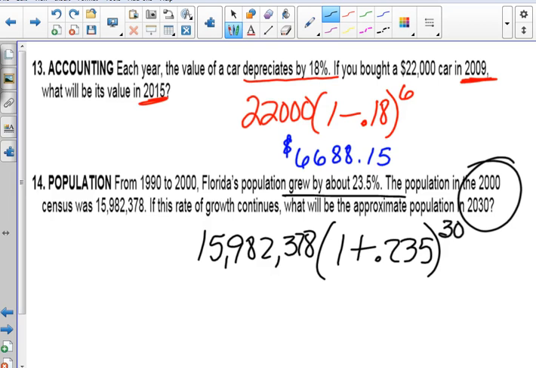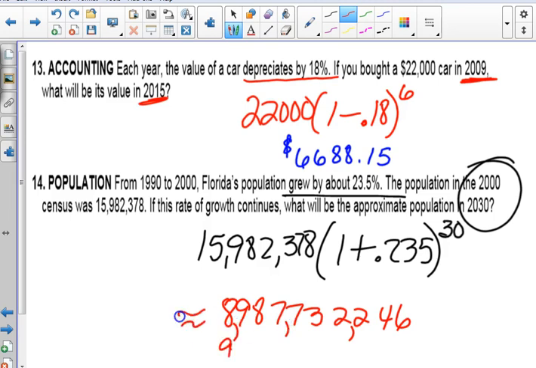Okay. That's true. Have you seen the Florida population? They're kind of old down there. So my estimation is almost 9 billion people, right? Okay.